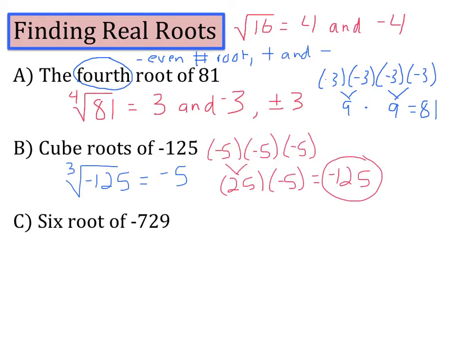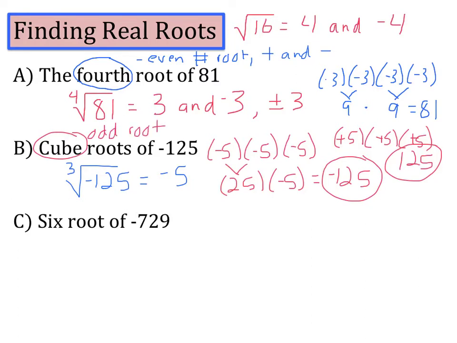Now it can't be plus or minus 5, because if these were all plus, if I did plus 5 times plus 5 times plus 5, I'd have positive 125. So for even roots, it's a positive and negative. For odd roots, it's either or. So it's either positive or negative.